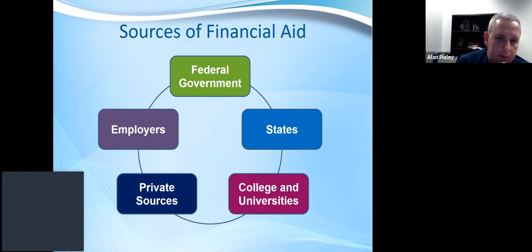The states then typically have some programs that are available, and that's true for the state of Texas. If you go to a community college, you might be eligible for a Texas Education Opportunity Grant. If you went to a university, there's something called the Texas Grant, and these are need-based grants that are given to Texas residents.